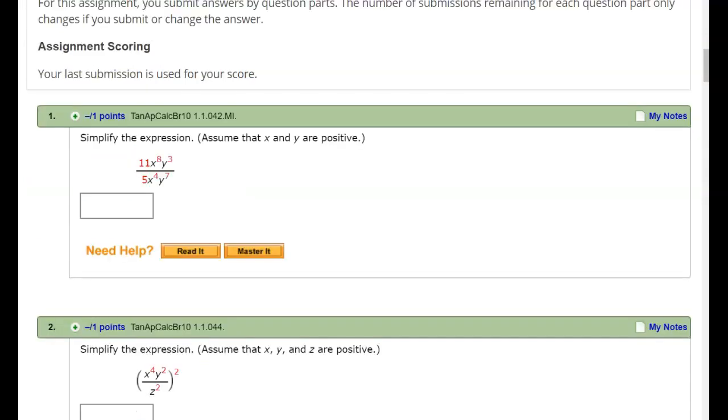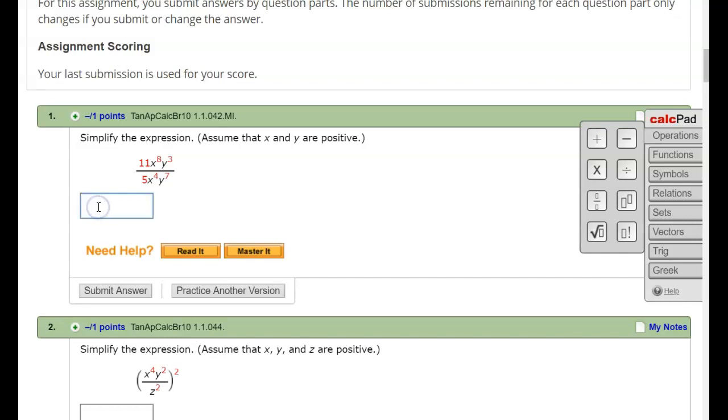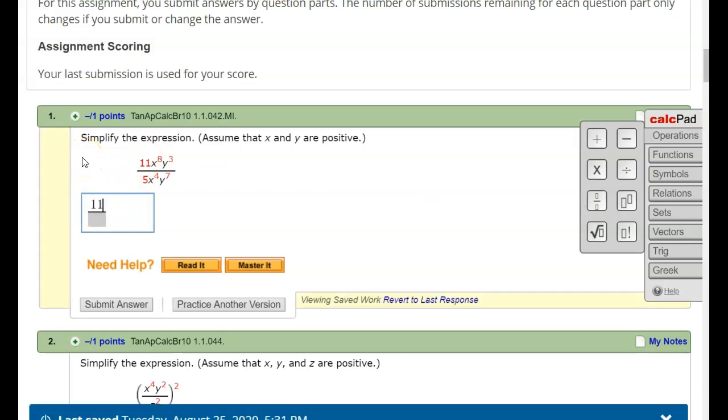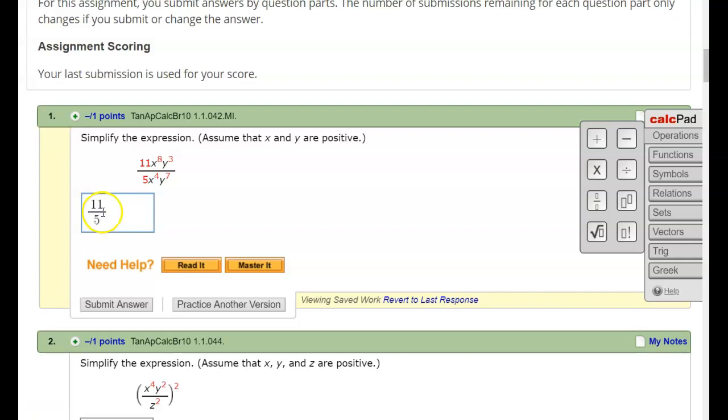On these exercises, I want to simplify the expression here, assuming that x and y are positive. That usually means no negative exponents, but it might let me get away with it. So I want to play with this for a little bit and see what I can get away with. I'm going to put a fraction in, and this is going to be 11 over 5 for sure. That doesn't reduce.